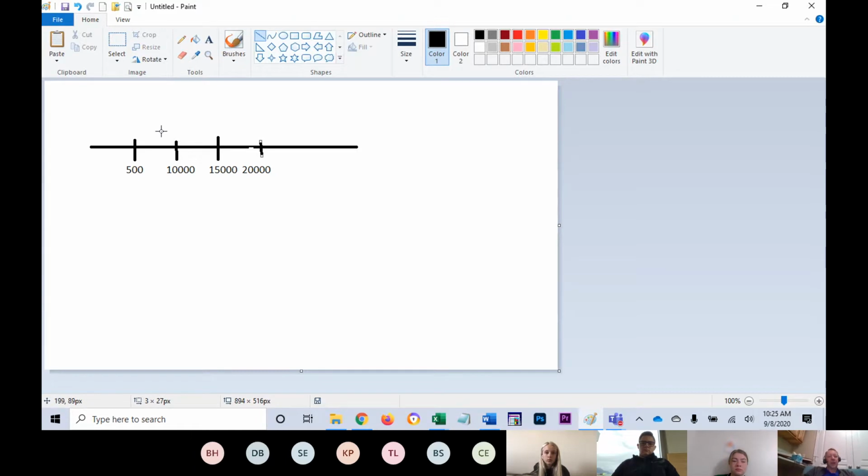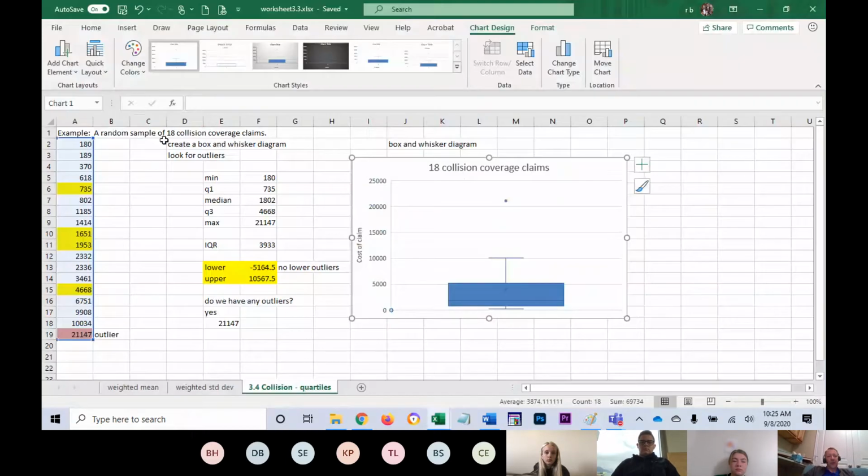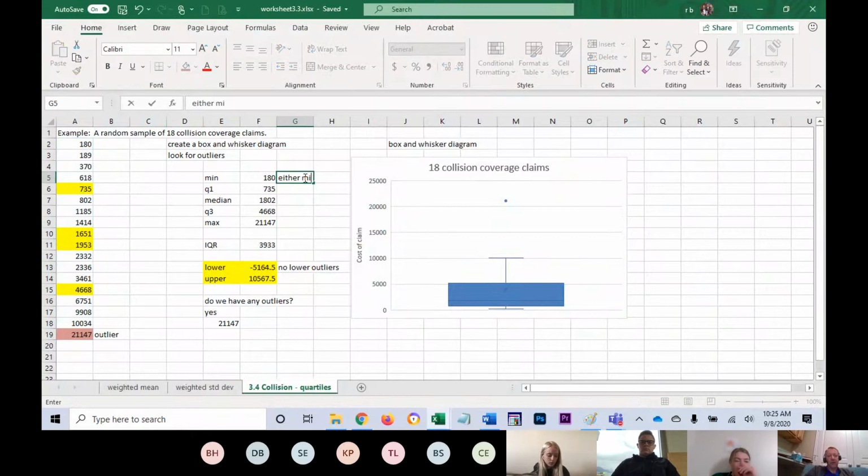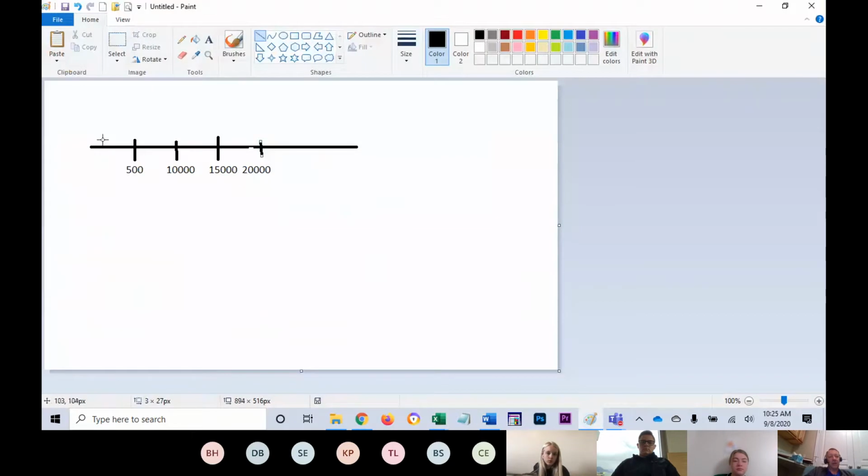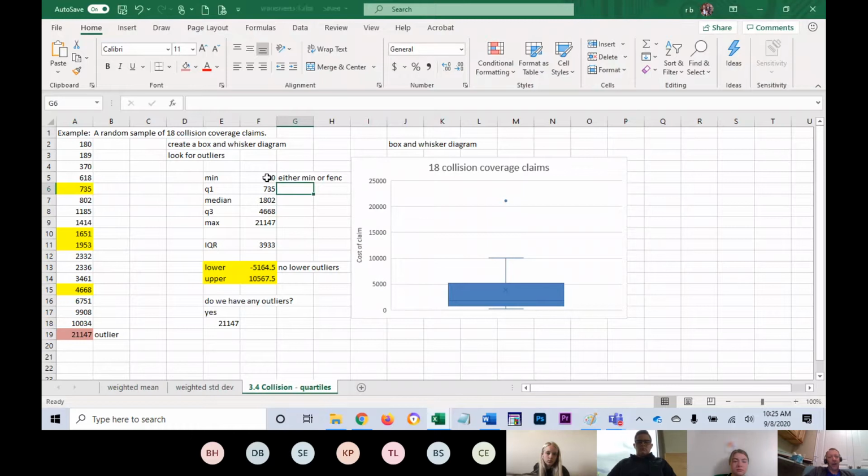Okay. So now the first point is going to be either the minimum or the fence. In this case, it's going to be 180. So I'm going to just put a little thing right here. So that's going to represent 180. I don't have any outliers on the low end, so I'm going to use the minimum in this case.